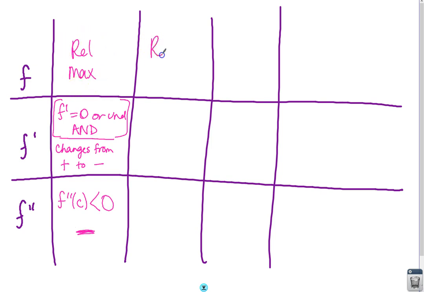A relative minimum is similar, but some things are basically the exact opposite. So f prime is equal to 0 or undefined again, and f prime changes this time from negative to positive.